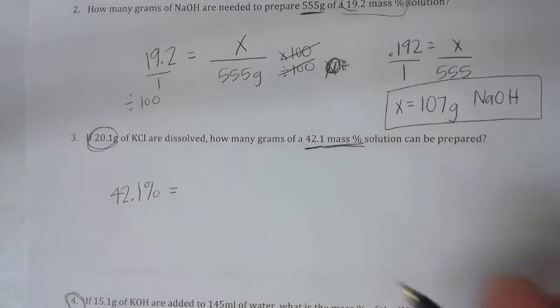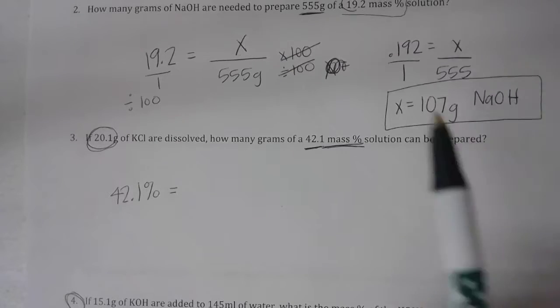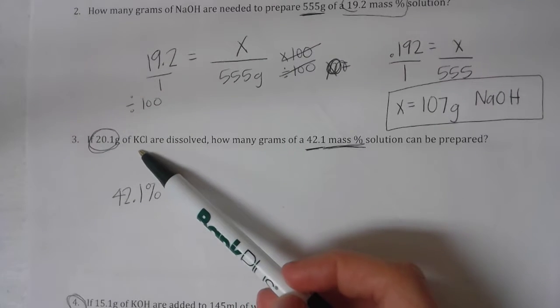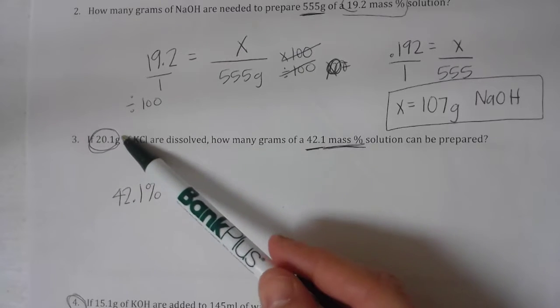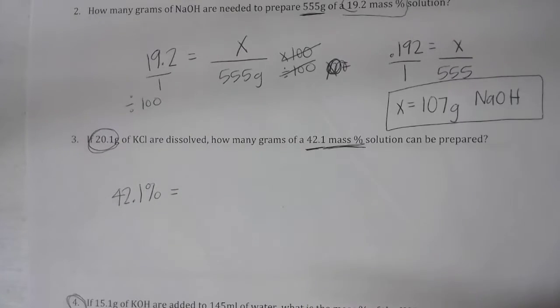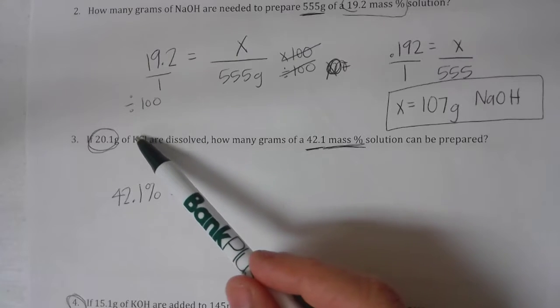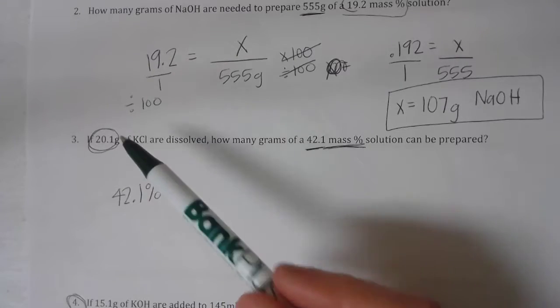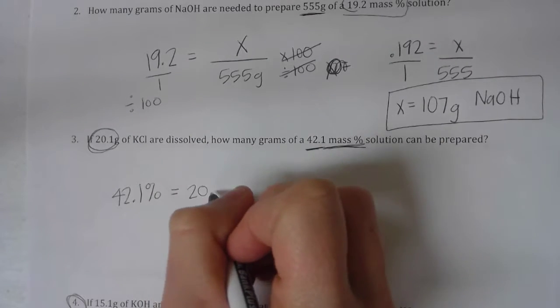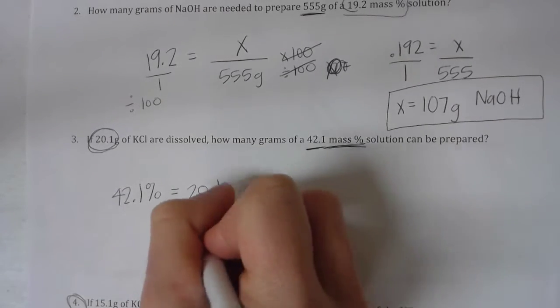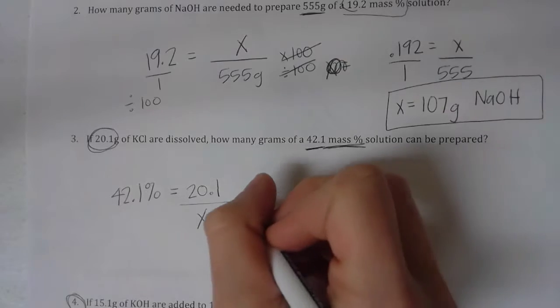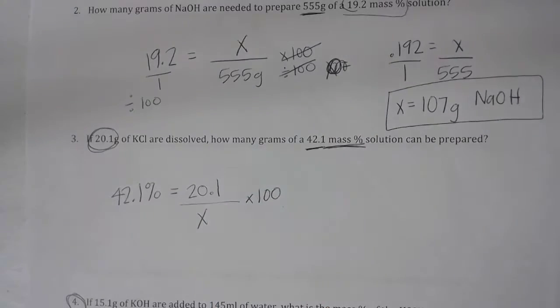You've got to decide if it's your solute or your solution, and it's of a potassium chloride, which is a salt. And so, if it gives you a specific compound, then that's always your solute. So I'll plug that in on top for my solute, and then we're going to look for the amount of solution that we have. Don't forget your formula has times 100 at the end.